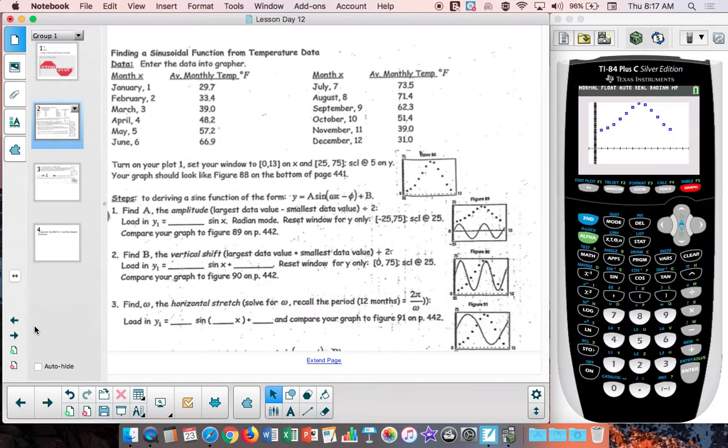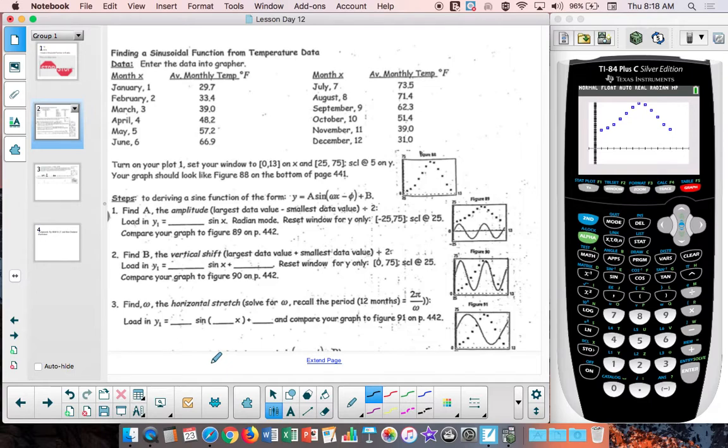But we're looking at how to fit data to this. At the very end, it asks you to do it with your graphing calculator, coming up with a sine regression curve that fits this. This would be one that you do by hand. You do these when you have a hunch that the data is cyclical, like the year.